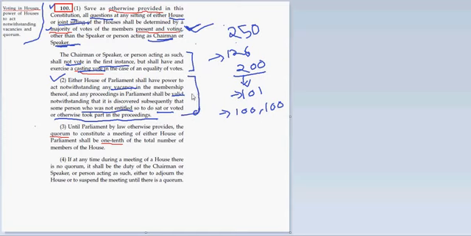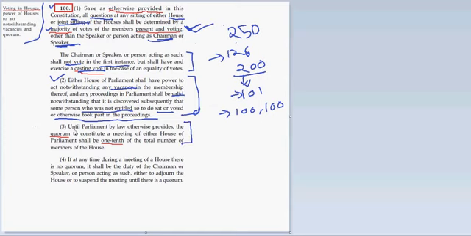What it means is that voting is still valid if there is some vacancy in any of the houses, and let's say a person voted and later it was discovered that he was not supposed to sit and vote, or he was supposed to be disqualified or something like that. Even in that case, whatever decision was taken earlier is still valid. Just because there was a fraud of one or two persons sitting does not invalidate the entire bill passing later on.